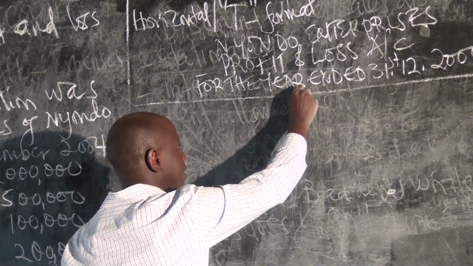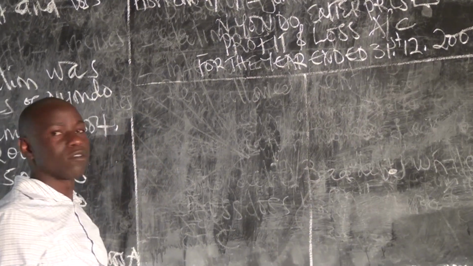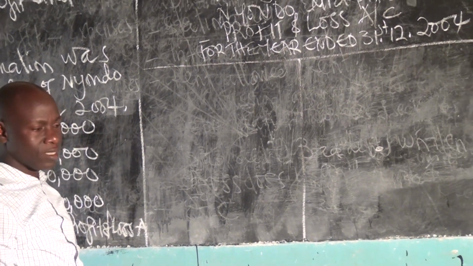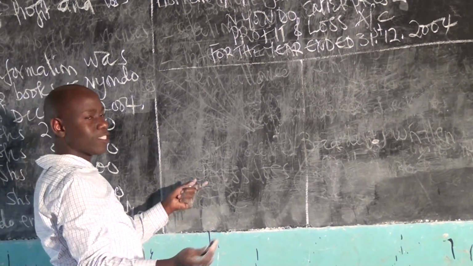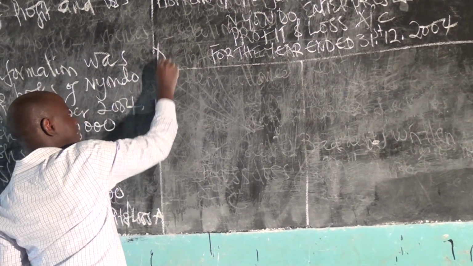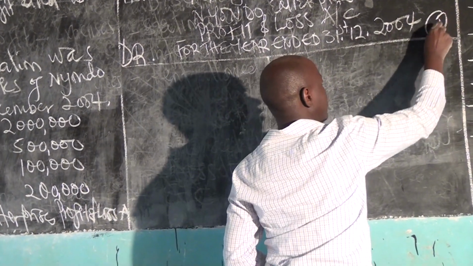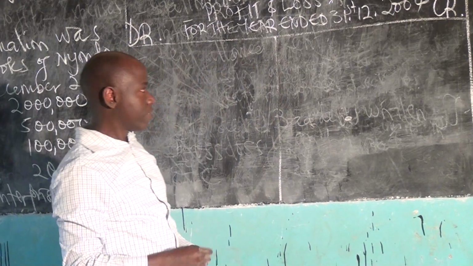This is how it looks. We call it T format because it resembles the letter T. That's why we call it T format. Some people call it horizontal format. It has 2 sides. It has a debit side, DR, and also has a credit side, CR.